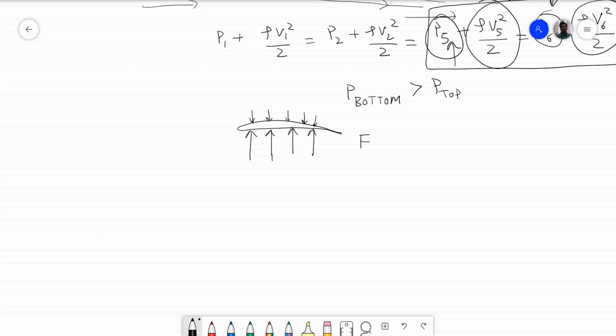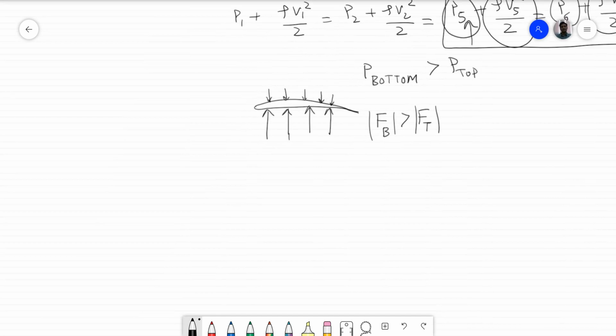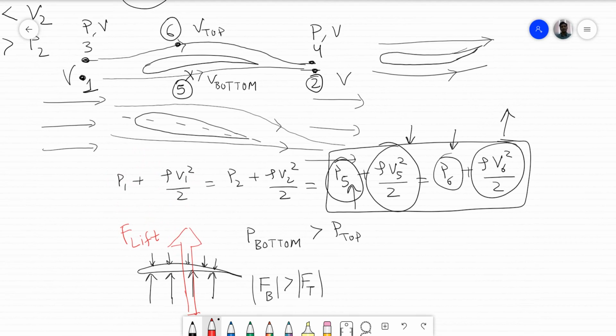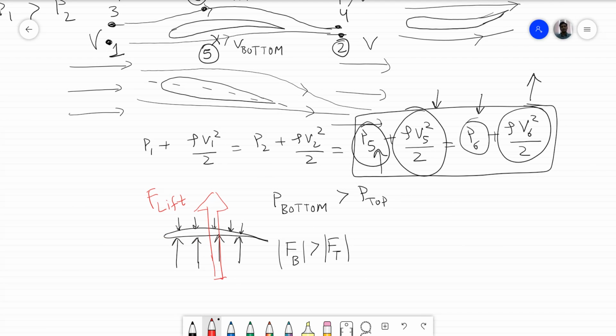Okay, force at the bottom, which will be more than force at the top, the mod of course, because force is a vector. Now which gives you a net upward force in this case, which is known as the lift force. Okay, and this is how the shape of the airfoil gives a lift to the airplane when it is flying in the air.